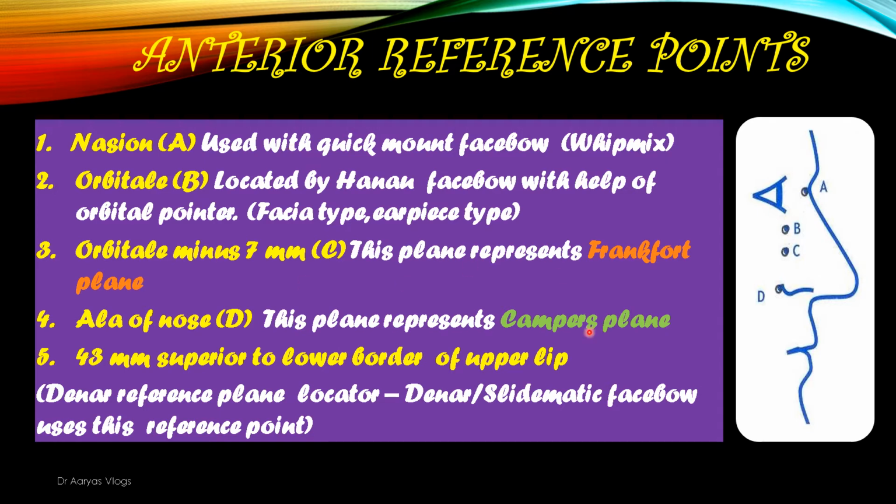Second one is the orbital. Actually, orbital is the anterior reference point which is located by canal Facebow with the help of an orbital point. It is also used for fascia type and earpiece type.